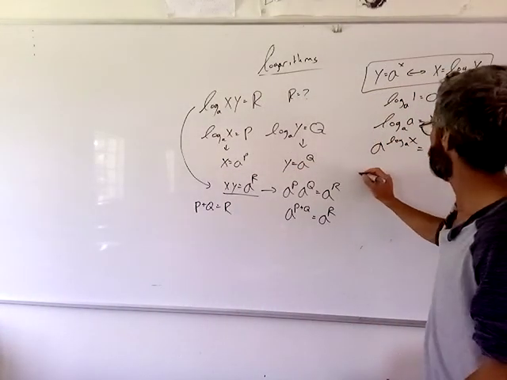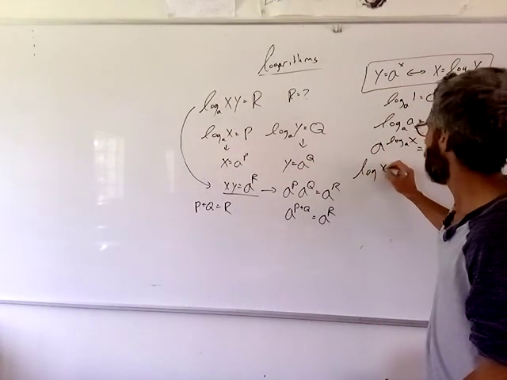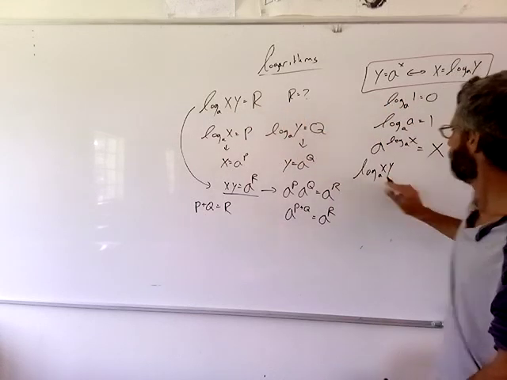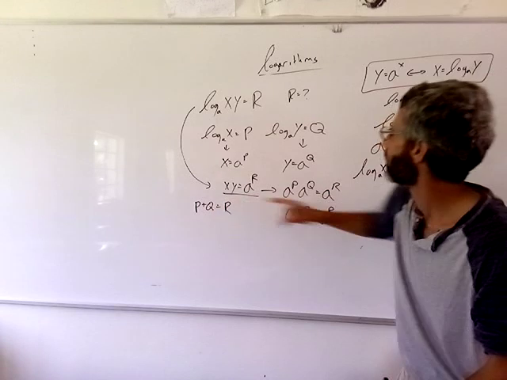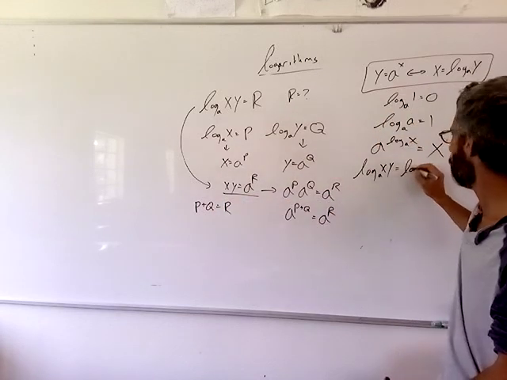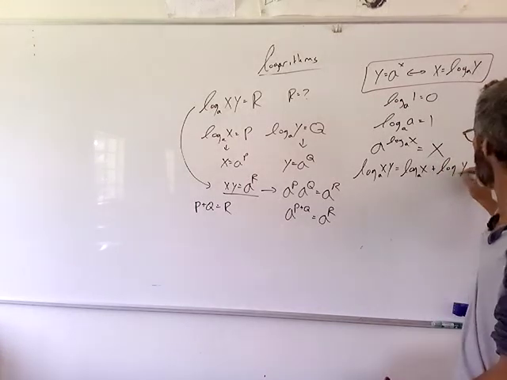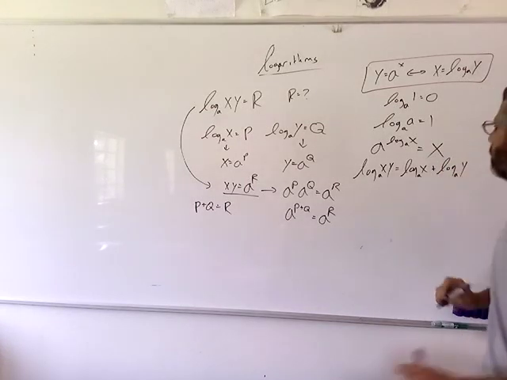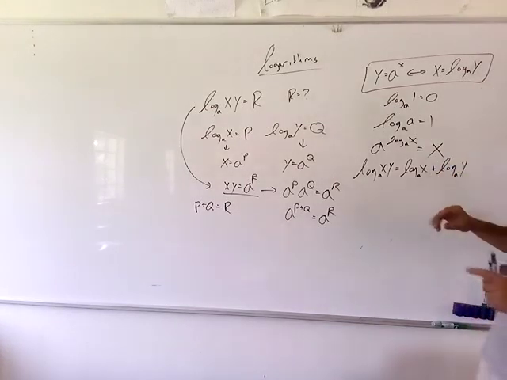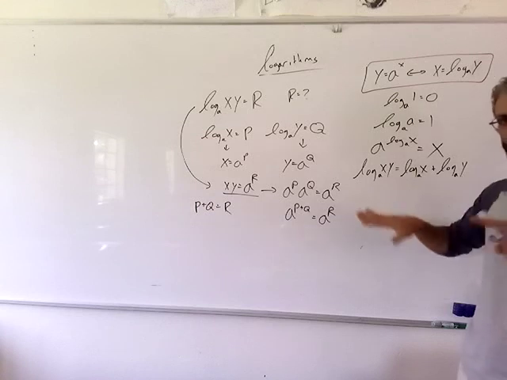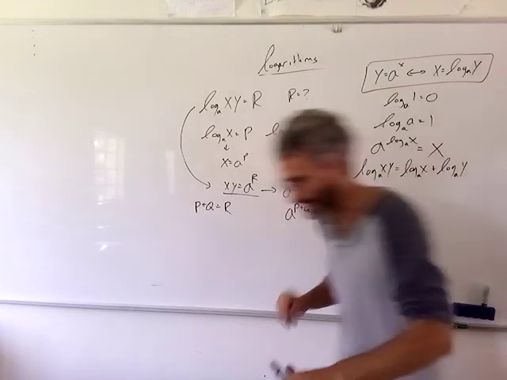I can see that log xy base a, remember that's your r, is actually equal to p plus q. What is p? Log x base a plus log y base a, okay? And that's our next rule. If you've got a multiplication in the log, all you can do is just separate them and add them together. Again, let's pause.